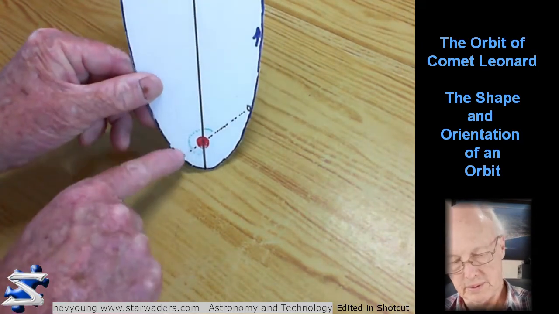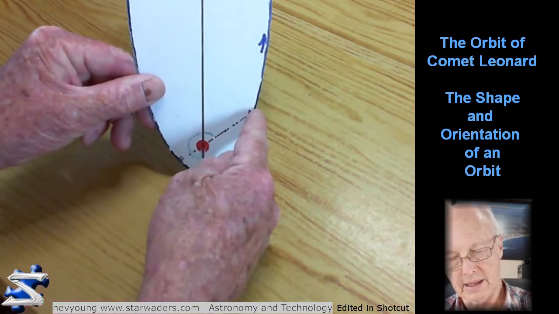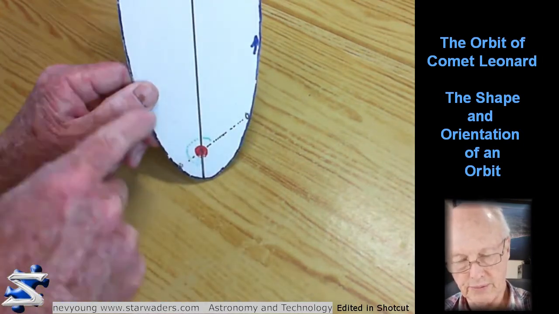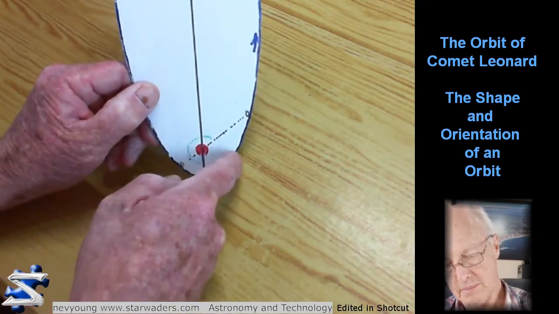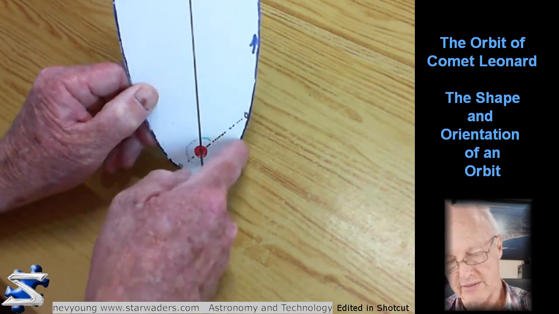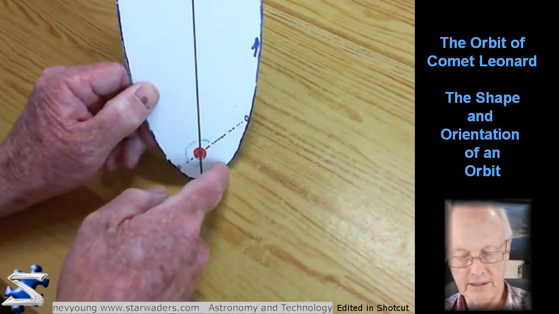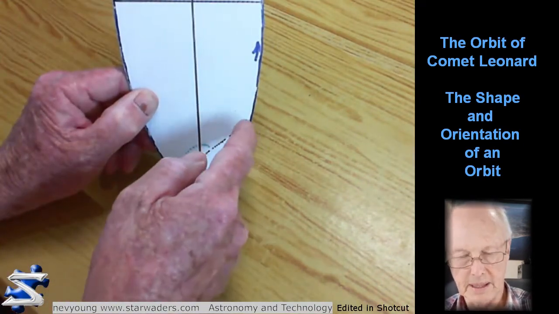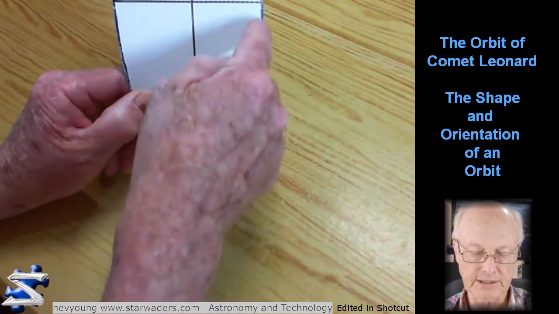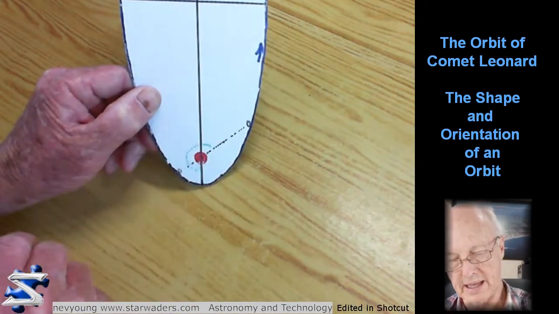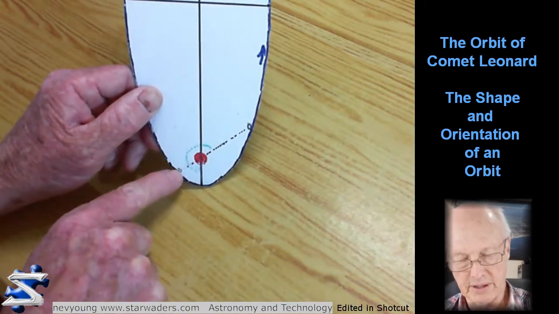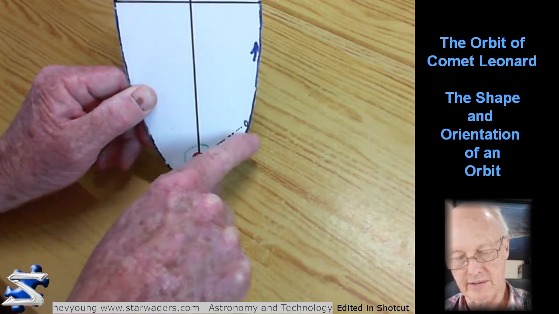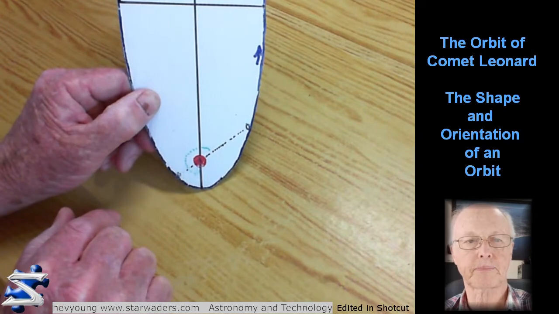And of course, the reason that this is called the ascending node is because we are going from below the solar system, which is the southern side as it's been defined, and going up into the northern half of the solar system. Because that's the direction of it going up, that is called the ascending node. And this one over here is called the descending node because it's going down below into the southern half of the solar system.